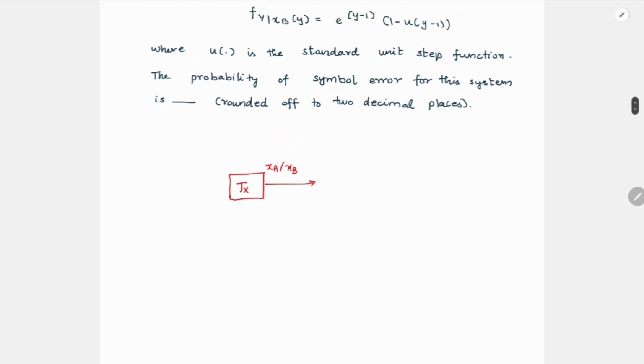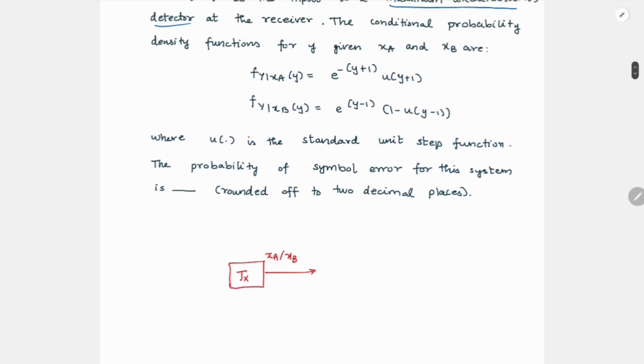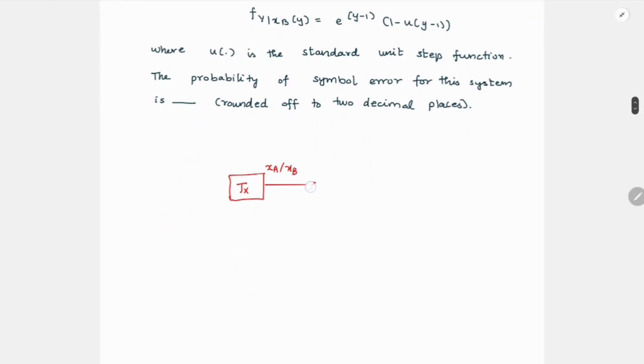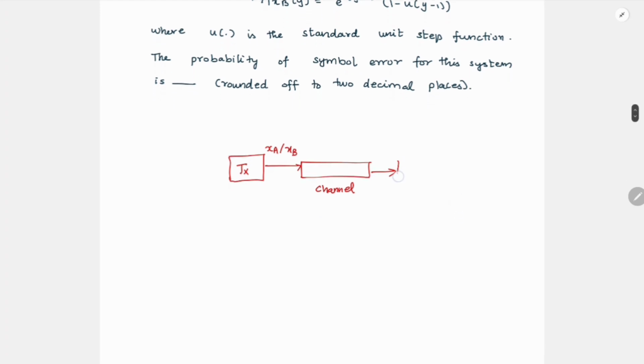At one time it will send either XA or XB with certain probability. Let's not go into that probability because they haven't given anything. Now at the receiver side, what do we do? This goes through a channel, which will add noise and other things, whatever non-linearities, and then we have a receiver.